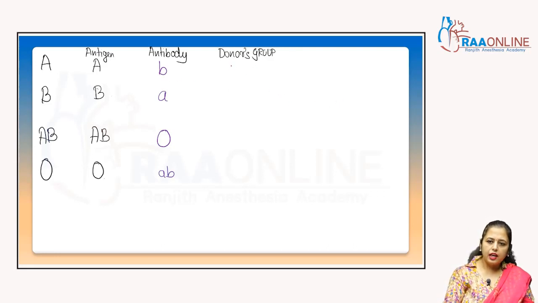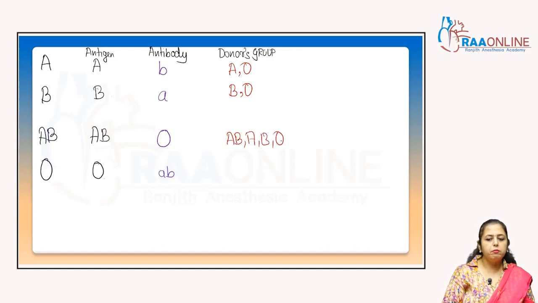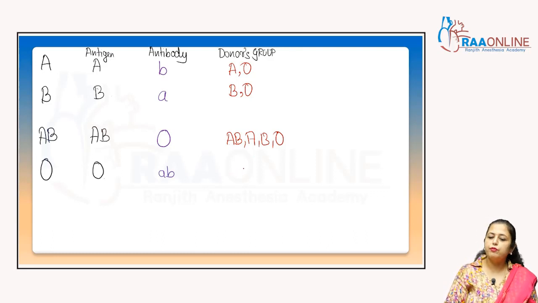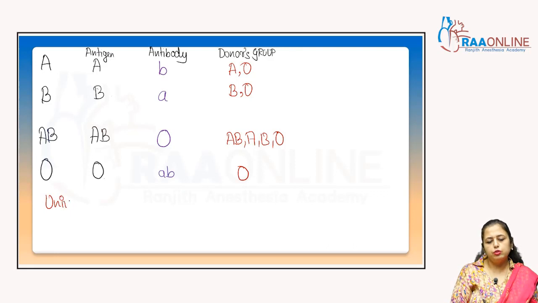A receives from A and O. B receives from B and O. AB receives from anyone: AB, A, B and O, because both antigens are present, so there is no foreign particle. And O receives only from O. Clear? On that basis, the question is asked about the universal donor.